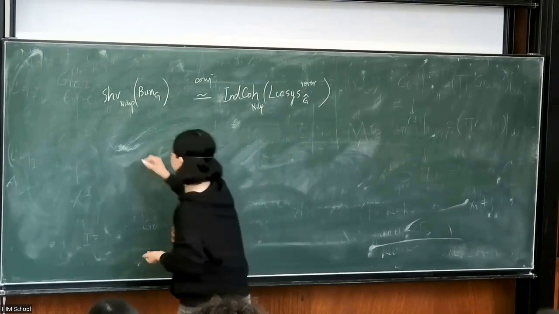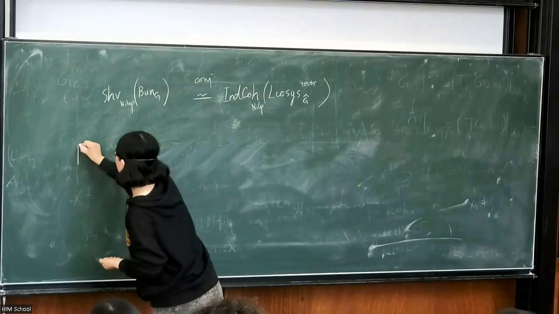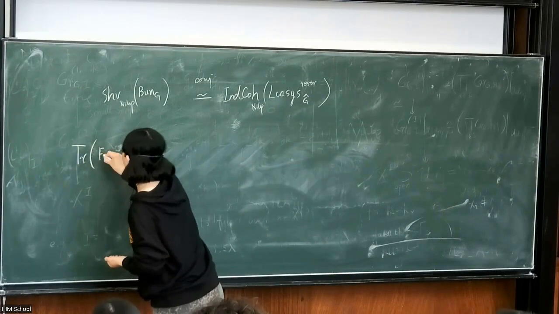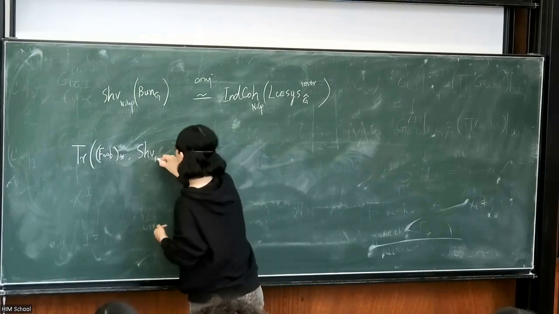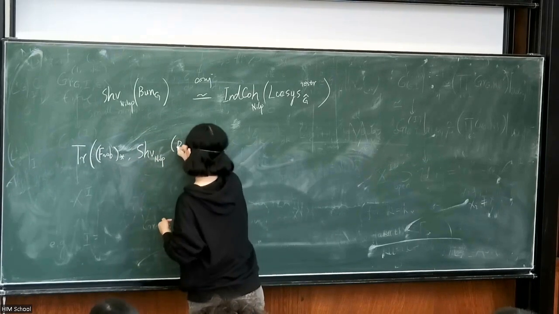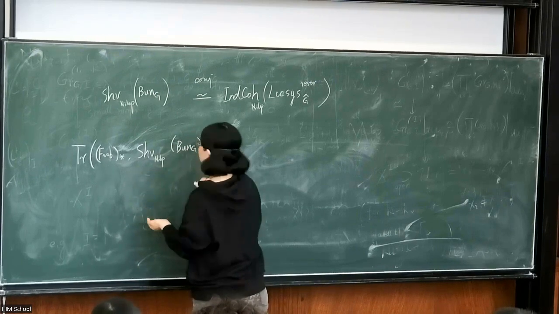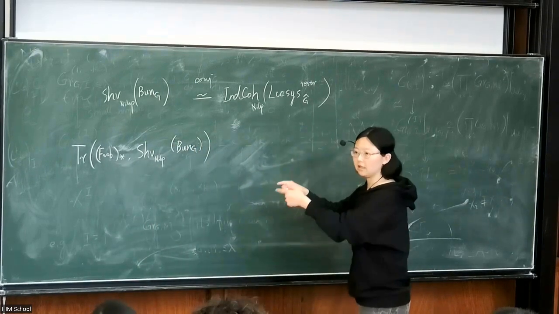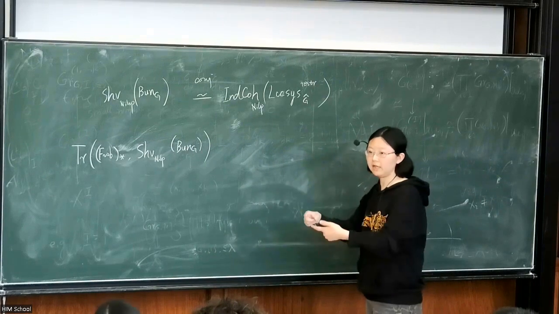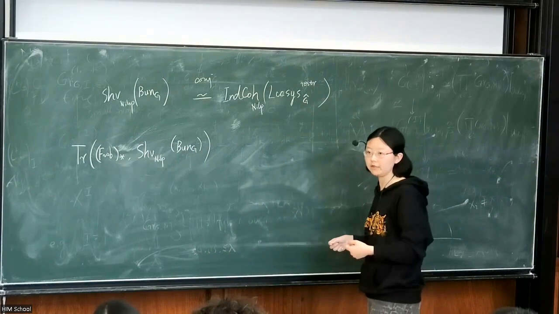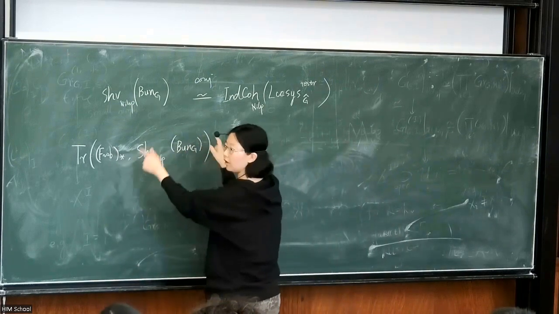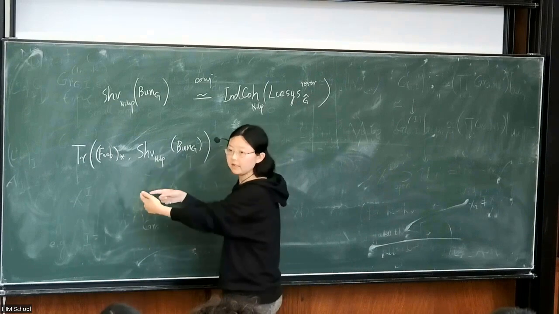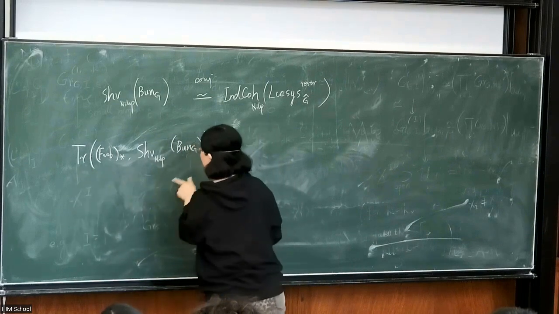And they also now have a theorem that if you take the trace of the category, of the Frobenius, usually if you have a sheaf on a variety, you take the trace, you get a function on the F_q points of the variety. They take the trace of the category of sheaves, and they get a vector space at the end.